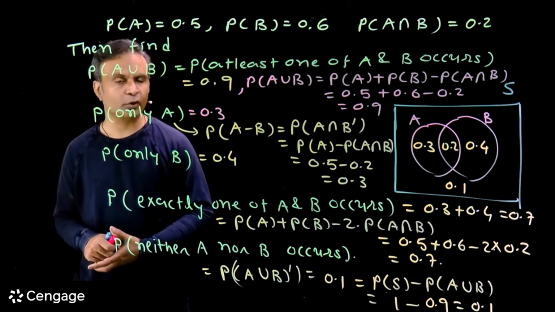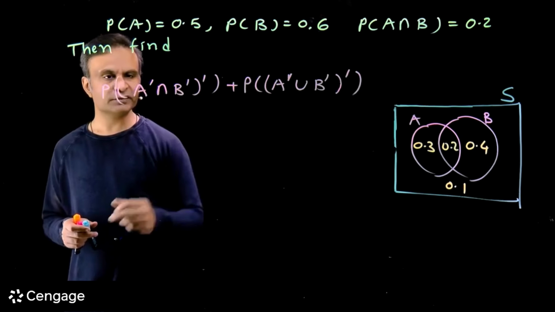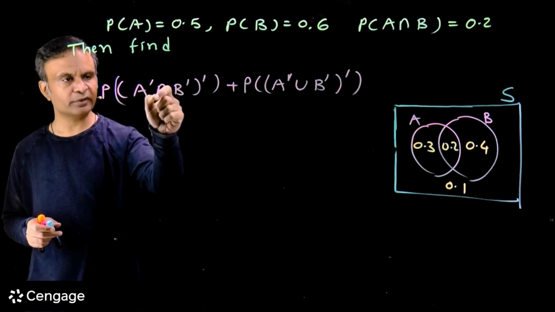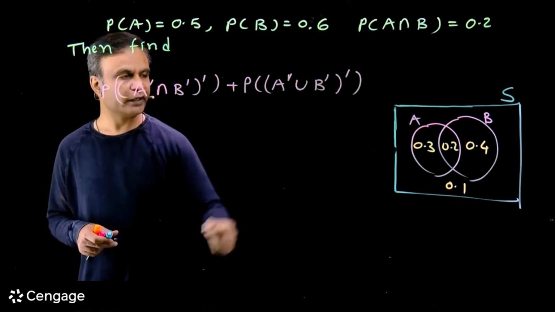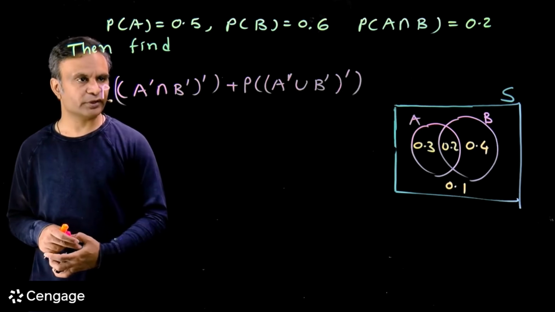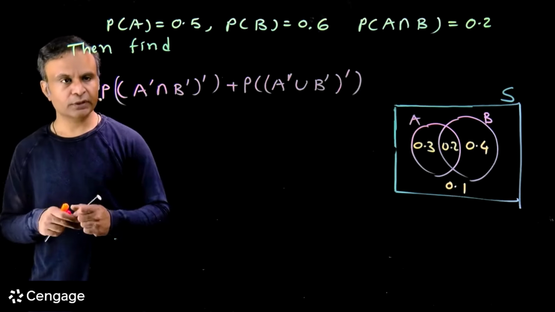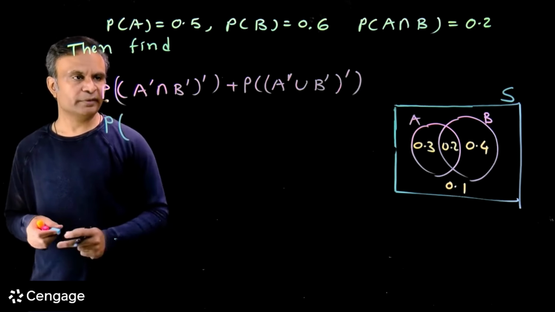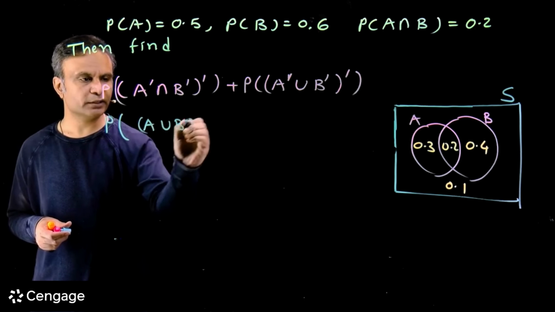Addition theorem of probability. Now let's find the sum of probabilities of these two events. This is the event complement of A complement intersection B complement, and this is the event complement of A complement union B complement. Now here we can use De Morgan's law of set theory, using which A complement intersection B complement is equal to A union B complement.